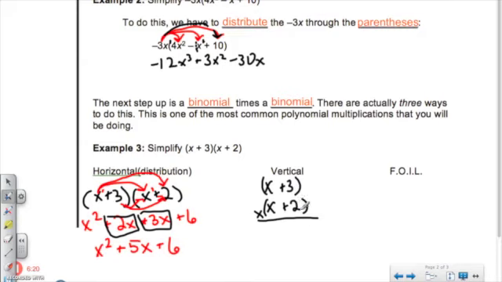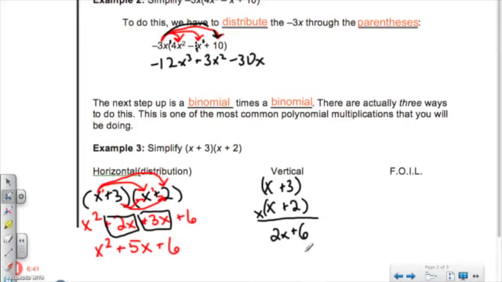I'm going to say 2 times 3 is 6, and 2 times x is 2x. This is a positive 6, so I'm going to put a plus in between there. Then, back when you were multiplying as a kid in elementary school, you would have gone up to the next place value and multiplied it by everything.